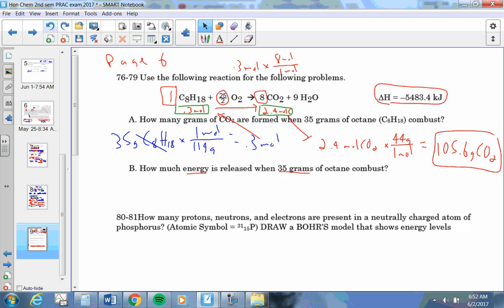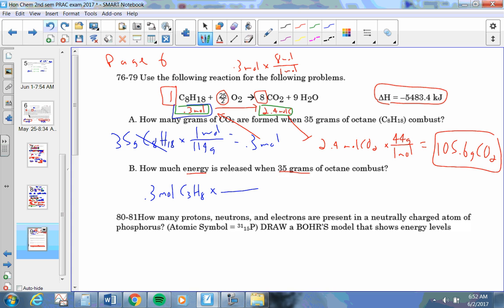I've got this here, it's 0.3 moles of octane. And let's see, 1 mole of octane, according to this balanced equation up here, will release 5,483.4 joules. Kilojoules, actually.